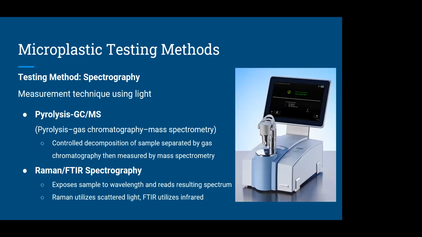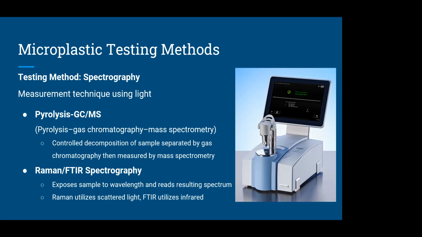Another method of microplastic testing is through spectrography, which is a measurement technique using light. The first method is by pyrolysis to gas chromatography to mass spectrometry, which is the controlled decomposition of the sample, followed by the gas chromatography, which will separate the solid samples in the mixture, and then the mass will be measured by mass spectrometry.